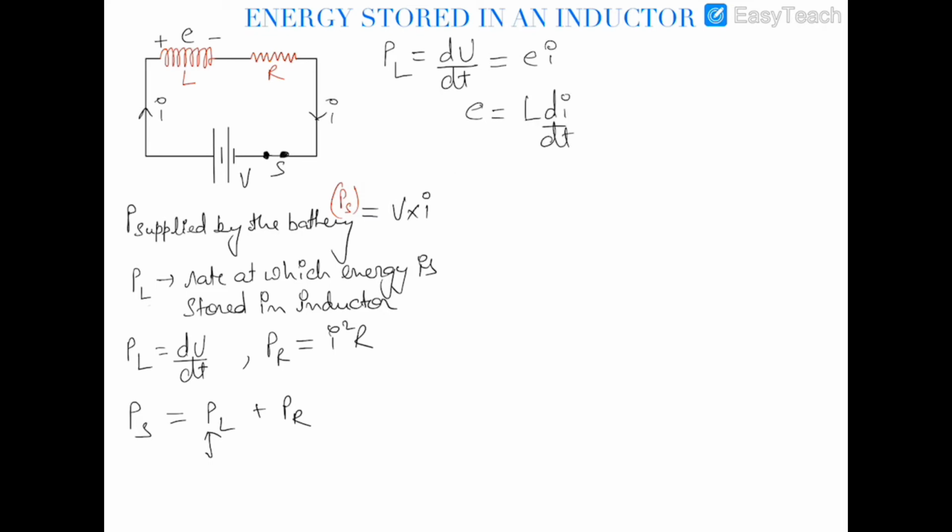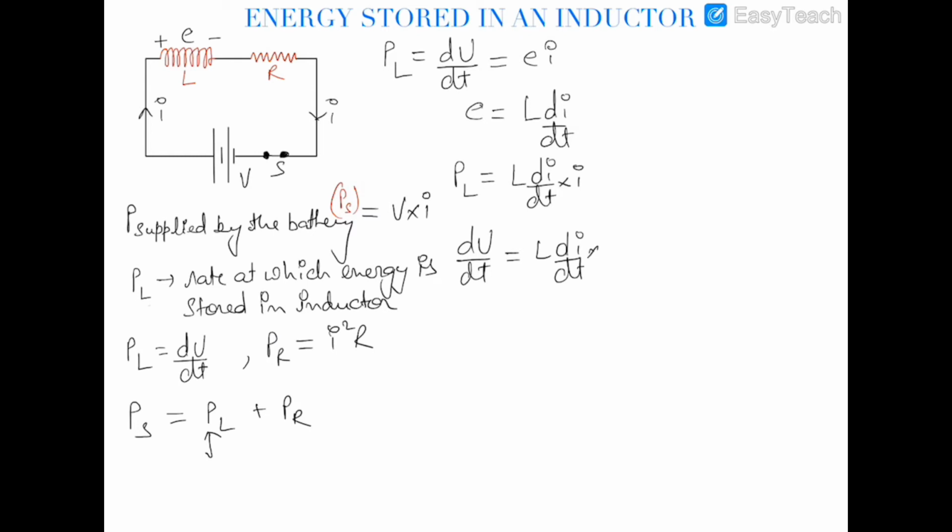So this power PL is equal to L di by dt into I. So PL is equal to du by dt also, and it is equal to L I di by dt.